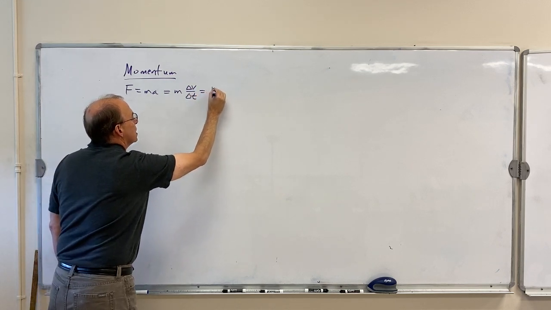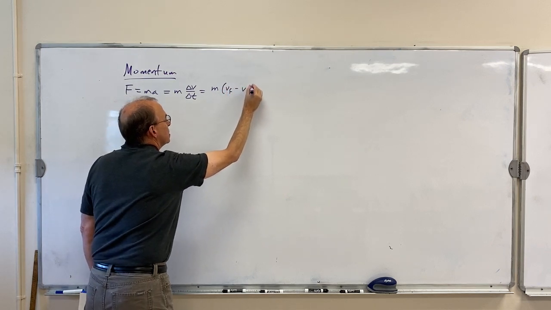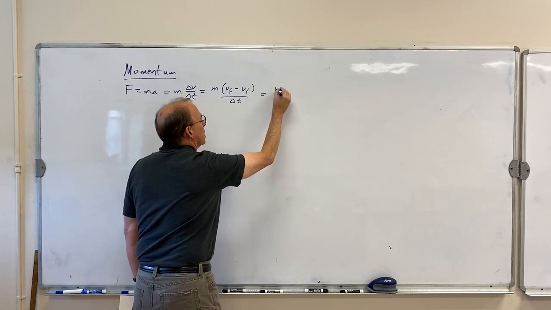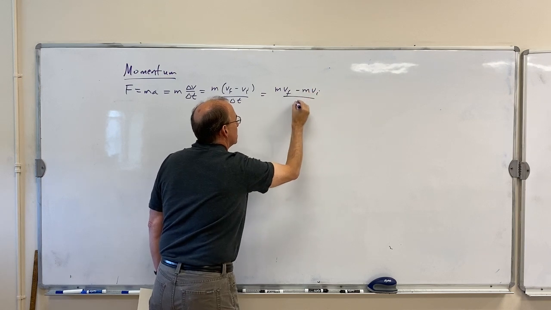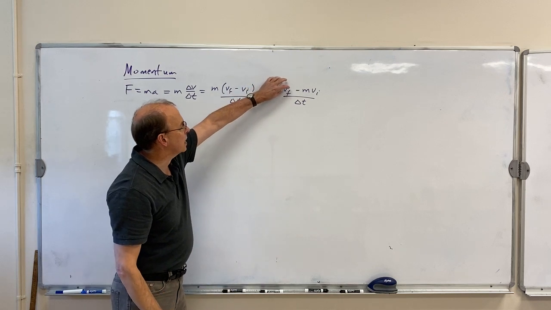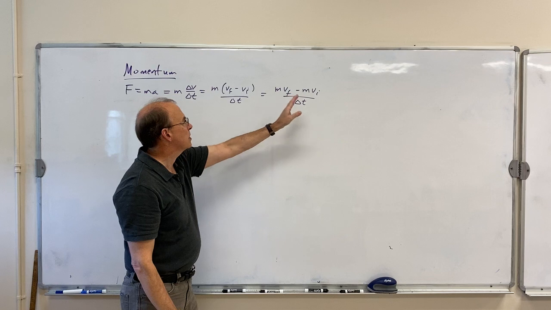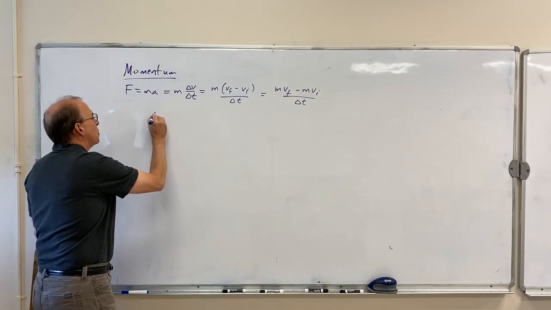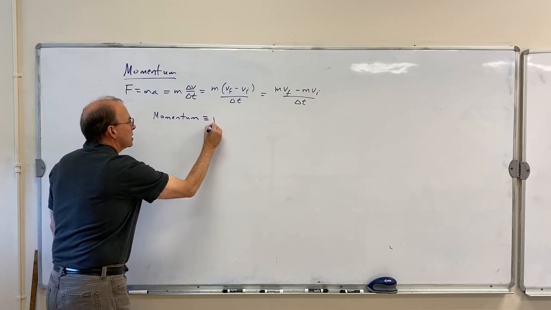So this is m times (v final minus v initial) over delta t, or mv final minus mv initial over delta t. So this looks like we've got this quantity mv at the end and this quantity mv at the beginning that's changing. So we define this new thing called momentum as m times v.